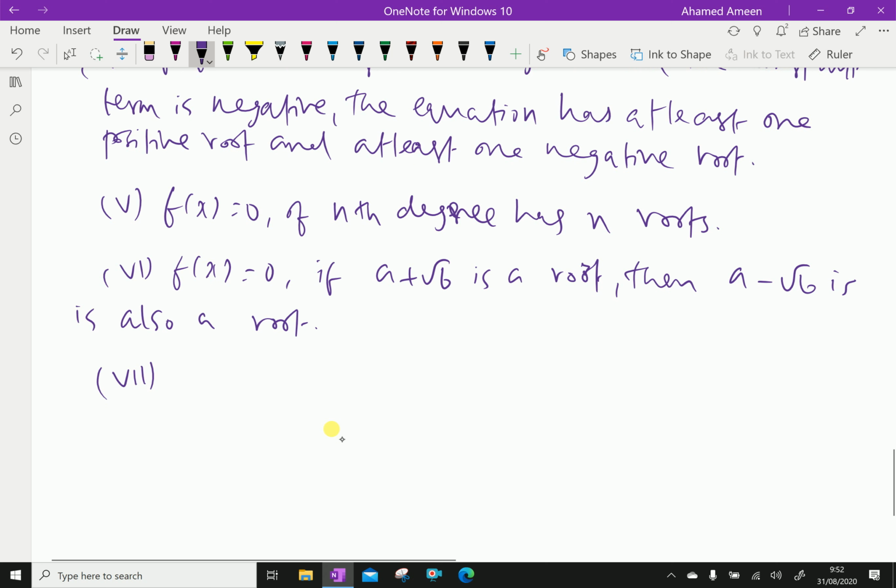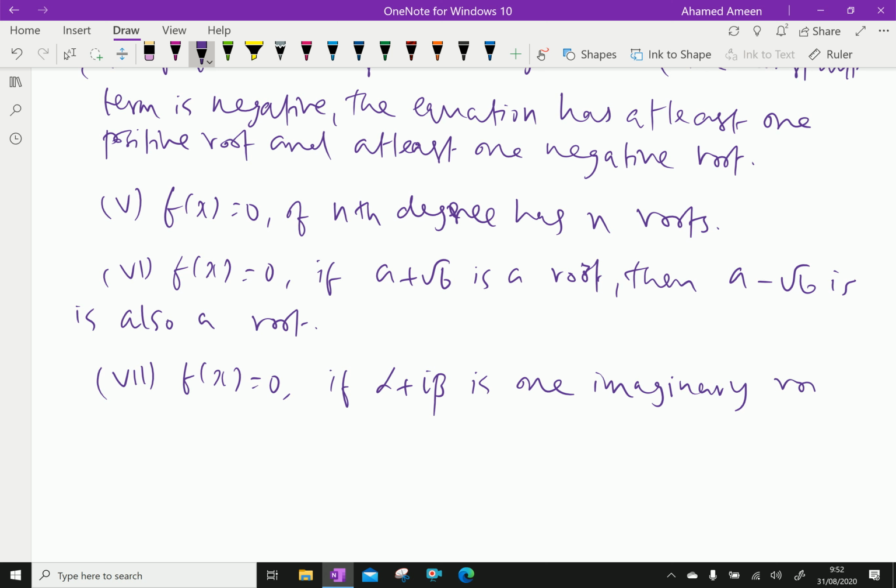Suppose in f of x equals 0, an equation, if alpha plus i beta is one imaginary root, then alpha minus i beta is also another imaginary root.